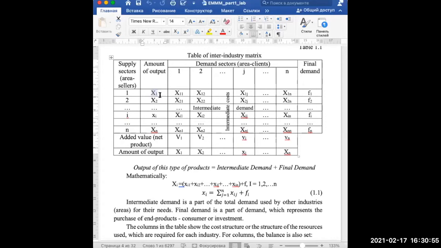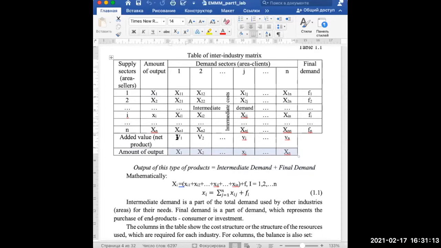The first point of view, as you understand, is based on demand. It is the sum of intermediate demand and final demand. And now we need to describe the point of view which is based on cost.